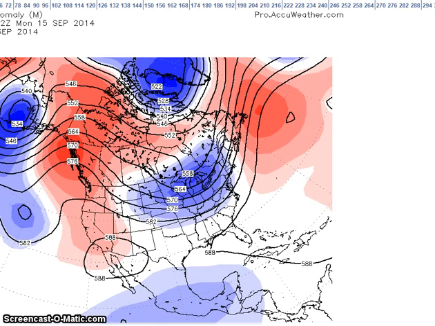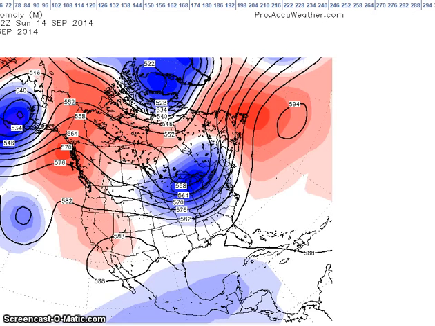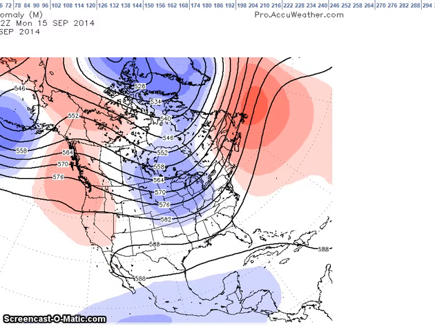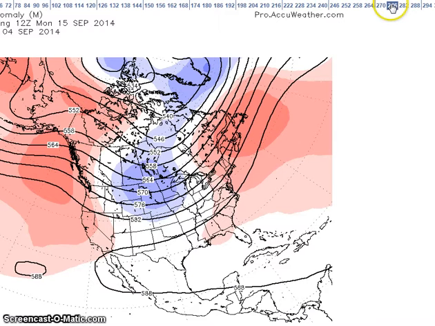This is at the start of the period, and then we go to its ensembles. The ensembles have been considerably weaker than its operational model. And then we look at the European ensembles, and then the Canadian ensembles, which show a relatively flat flow, a weaker trough.